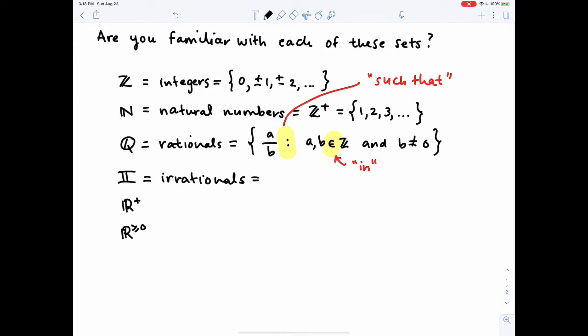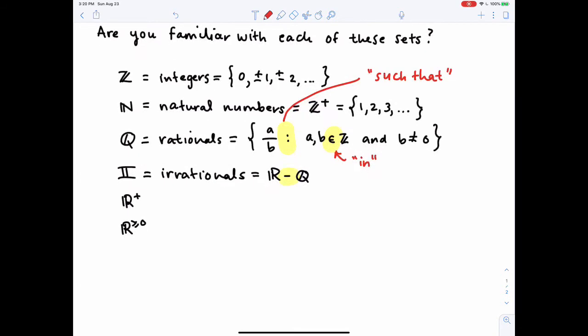Irrationals, one way you can think of it is it's just all the real numbers minus Q. So this subtraction symbol means that you are taking everything in the first set and you are throwing out anything in the second set. So for example, you may have seen before something like R minus the number 2. That just means that that's the set of all x in R such that x is not equal to 2.